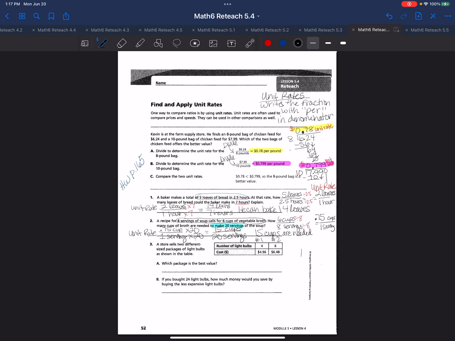So we're going to do 496 divided by 4. That's going to be my first division problem. 4 into 4 one time. 4 into 9 2 times. 4 into 16 4 times. So this is my unit rate.